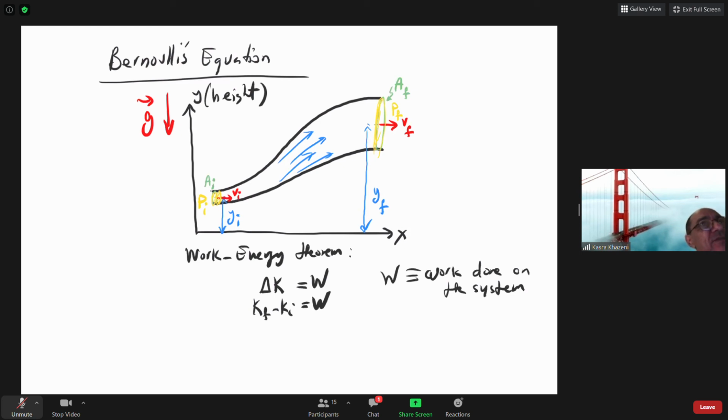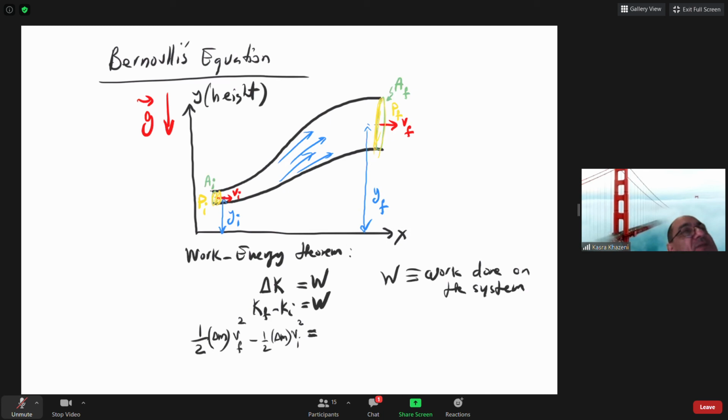So its kinetic energy at the final, the output, is 1/2 times that little mass in that little sliver, times the velocity squared. That's just the very definition of kinetic energy. And that would be minus 1/2 the same amount of mass, because this is an incompressible fluid, it's the same amount of mass, times the initial velocity squared at the inlet. Okay, so that's the left-hand side of this equation.